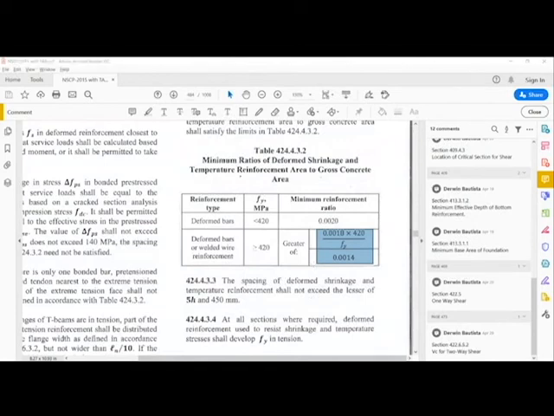So let me show you that. Okay, so that is the greater between 0.0018 times 420 over 420, times the gross area, 800 multiplied by 250.